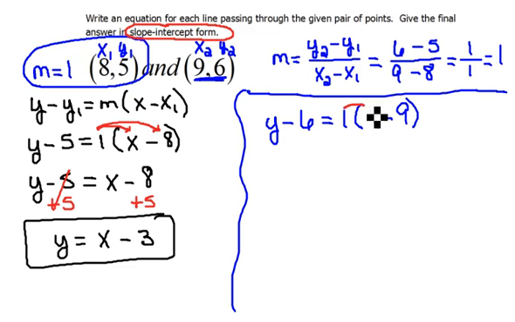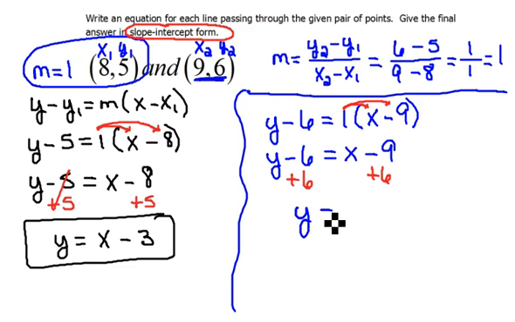When I distribute the 1, we end up with y minus 6 equals 1 times x is x, 1 times negative 9 is negative 9. And then if we add 6 to both sides, to get the y alone, we have y equals x, negative 9 plus 6 would be negative 3.